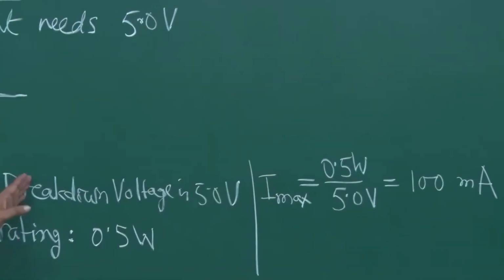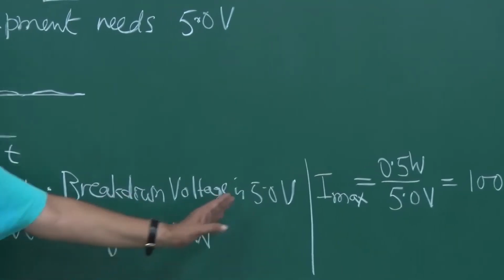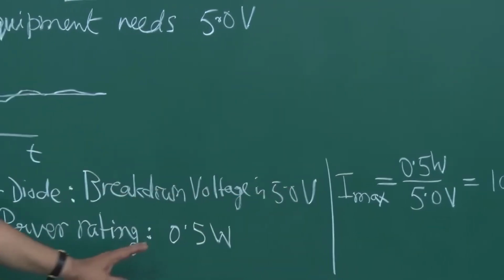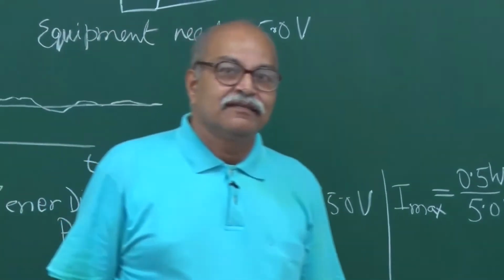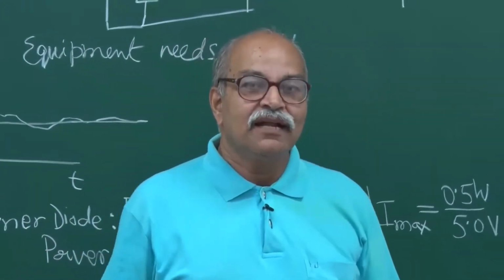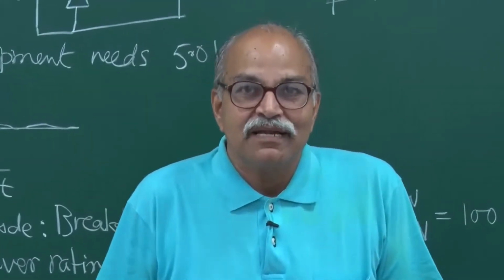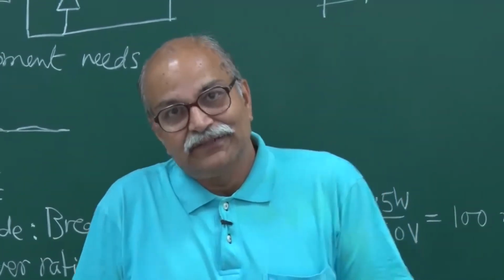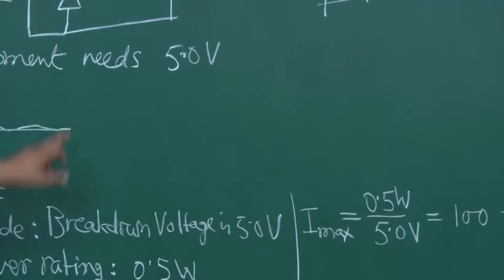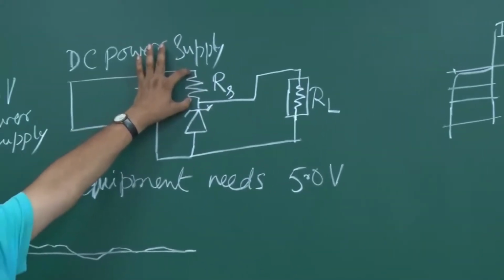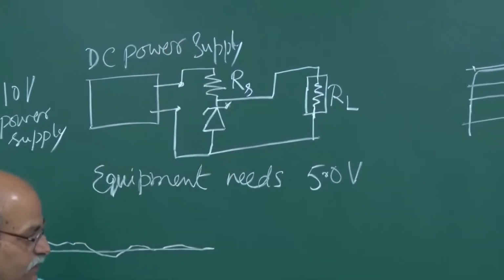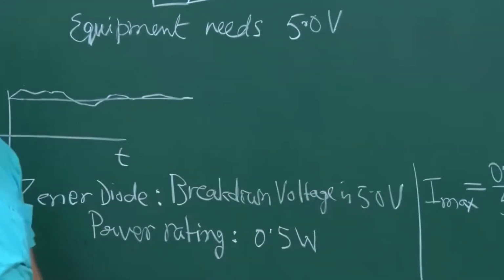So if the breakdown voltage is 5.0 volt and power rating is 0.5 watt, then you are requested not to send more than 100 milliampere current in this Zener. So this resistance RS is put to ensure that the current does not exceed 100 milliampere.